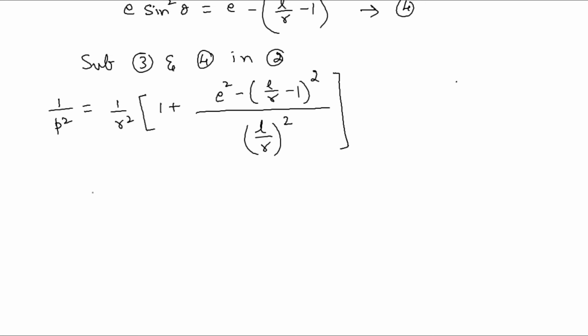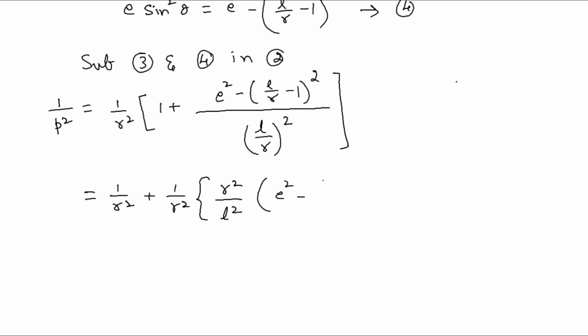So let me multiply this 1 by R square inside. 1 by R square into 1 will be 1 by R square, plus multiply this 1 by R square with the whole of the second term. The (L/R) whole square in the denominator, if I take it in the numerator, becomes R square by L square, times you have this E square as it is minus (L/R − 1) whole square, which is in the form of (A − B) whole square.